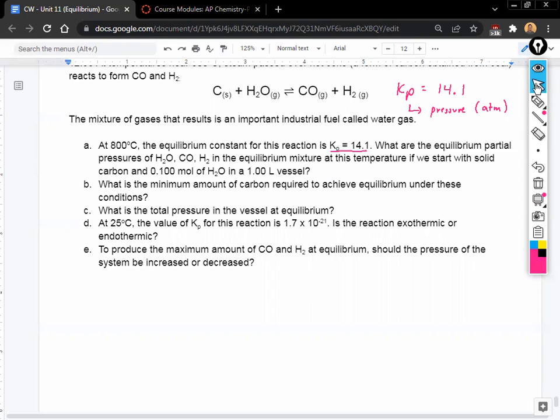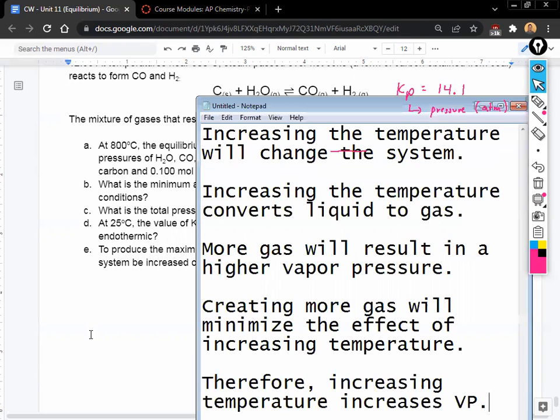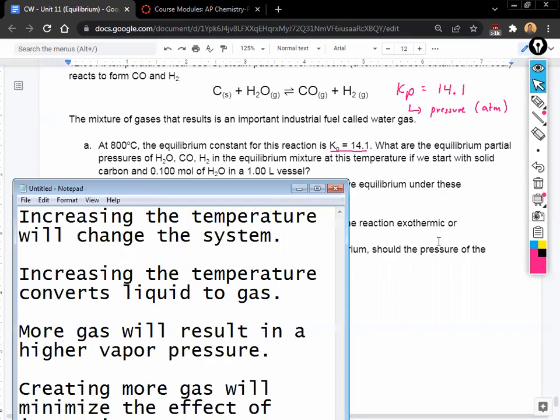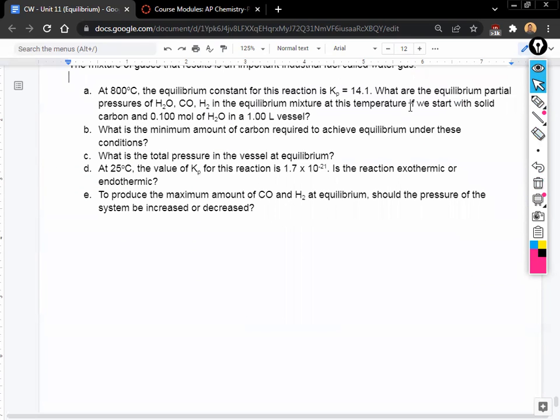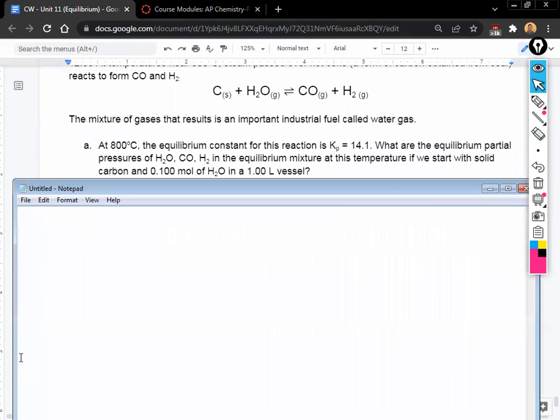But before we go into the ICE table, I want to give you a little bit of help. I'm going to cover the other parts and we're going to create an ICE table. So create an ICE table with me, everybody, and then we'll get into it. Copy down your reaction and then create your ICE table. I'm going to be doing the same up here.